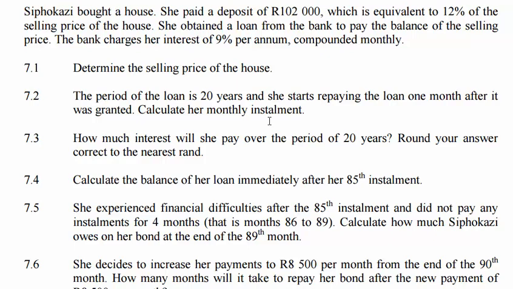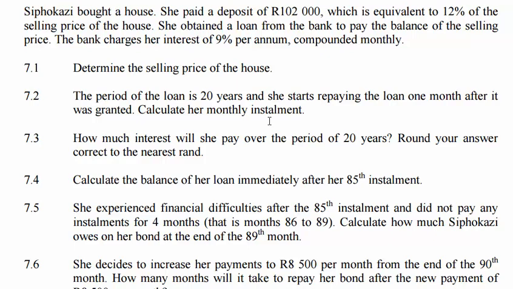How much interest will she pay over the 20 years? How will you calculate that? So obviously we've got the cost of the house. Everything that she paid more than the cost of the house will be interest.